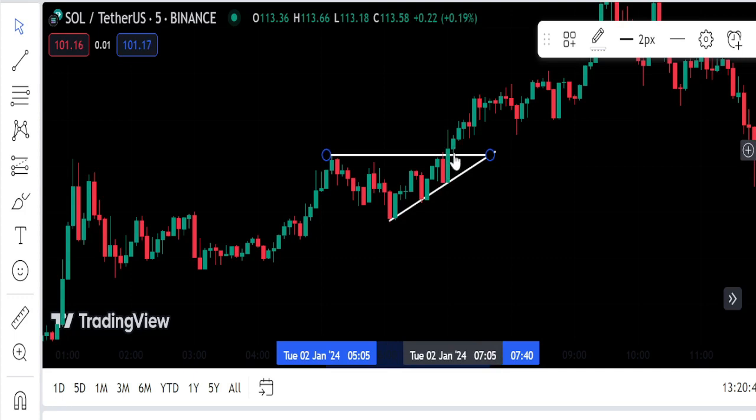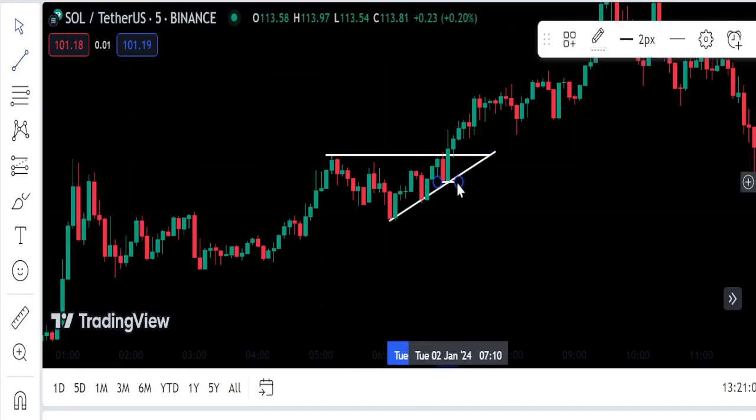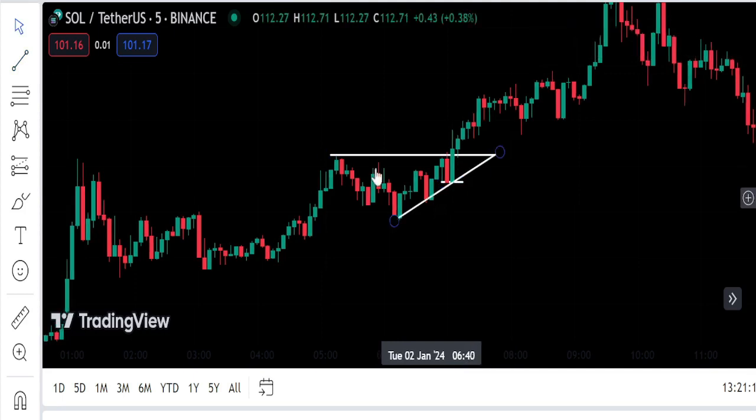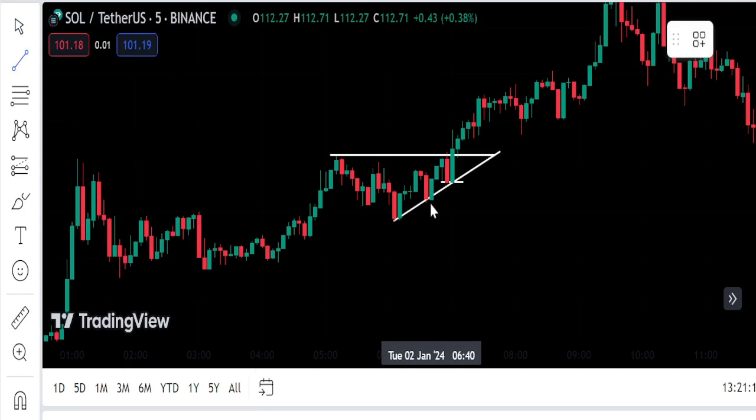Or if we enter the trade on this candle, our stop loss again will be 1, 2, 3 and 5 cents about here. So it could be here, or it could be the other way, about here. Oh, 1, 2, 3.